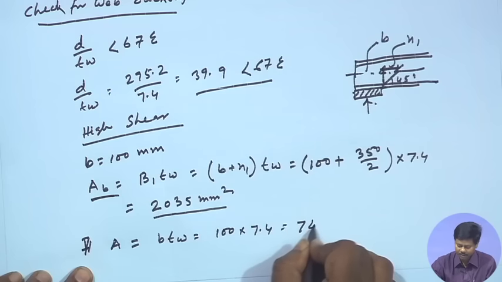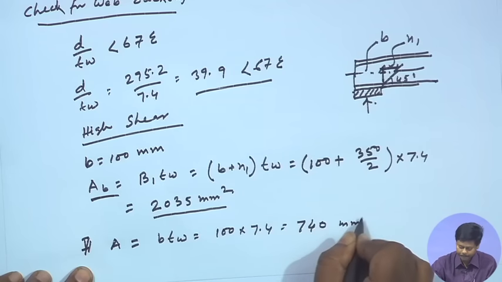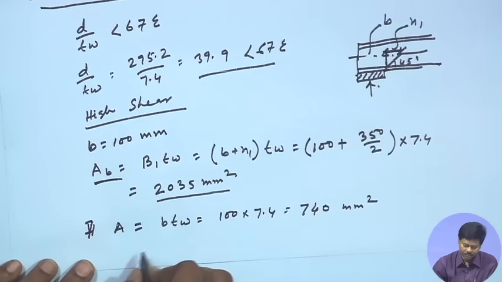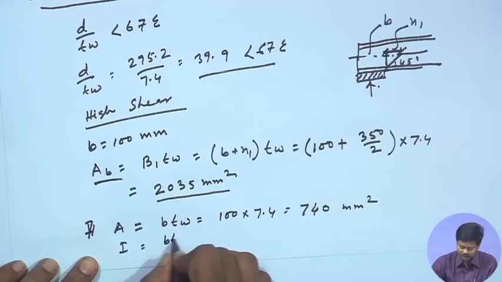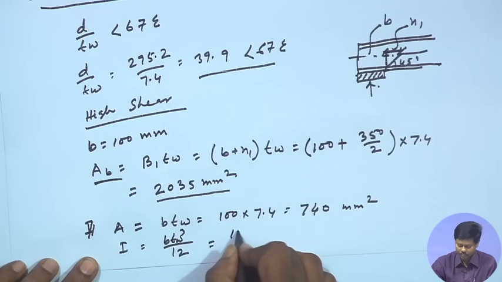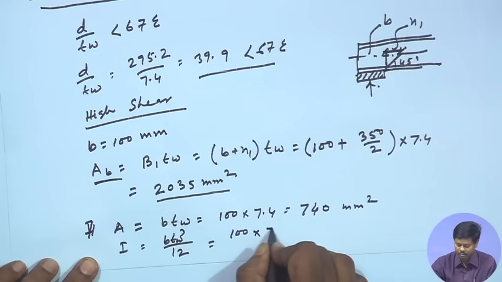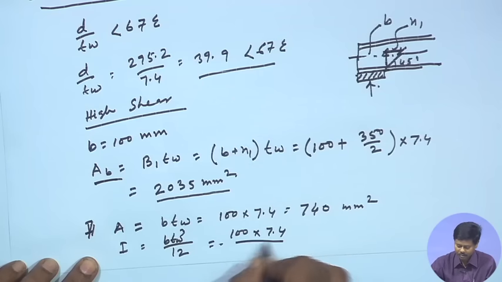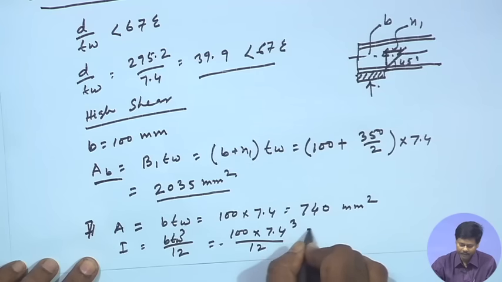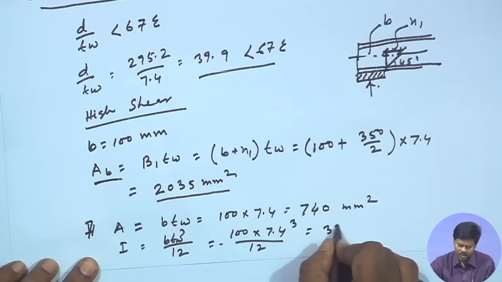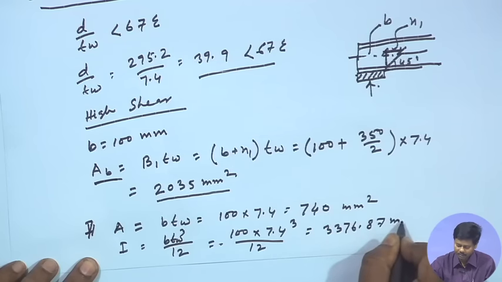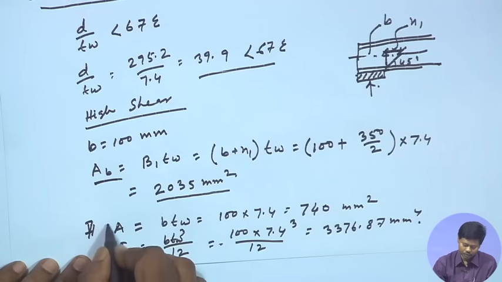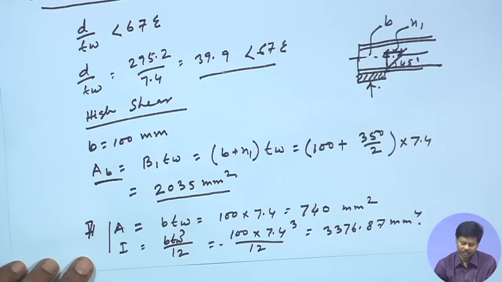So, that is 740 millimeter square. Similarly, we can find out I as b tw cube by 12. So, after putting the value, we can find out the value of I as 3376.87 millimeter to the 4. So, area and moment of inertia we could find.